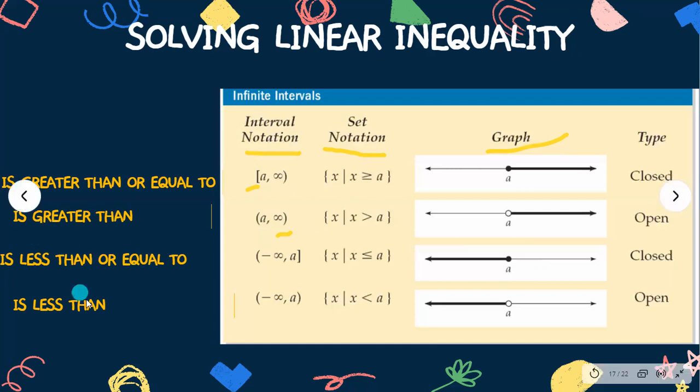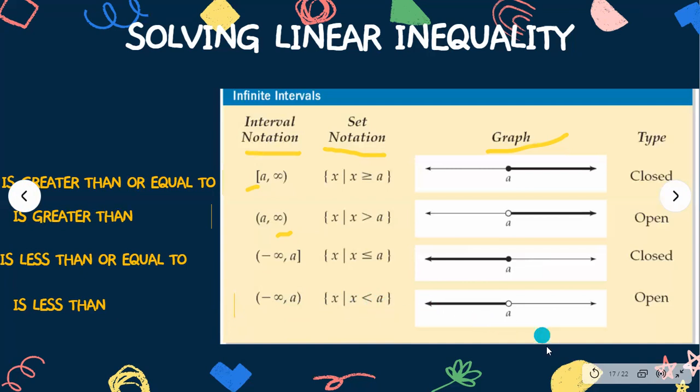When it is less than, we use a parenthesis. The value we got is not included. For less than, it is not included, not part of our value or solution. The set notation is x such that x is less than a, the value of a.